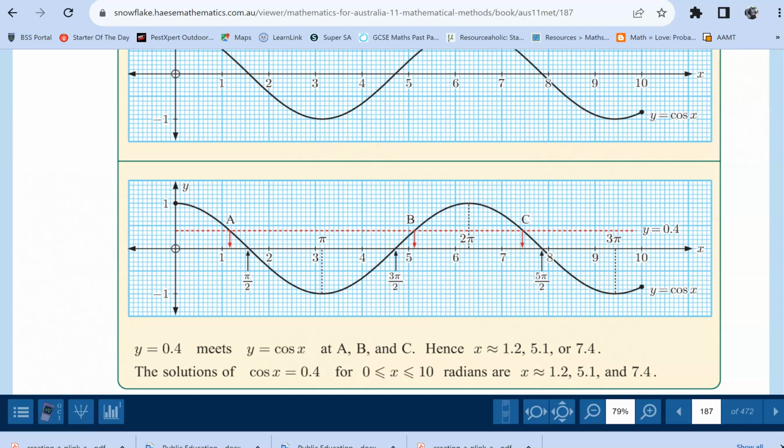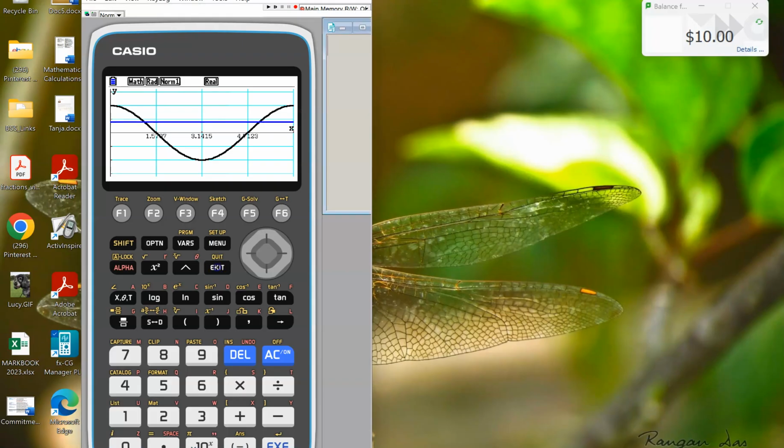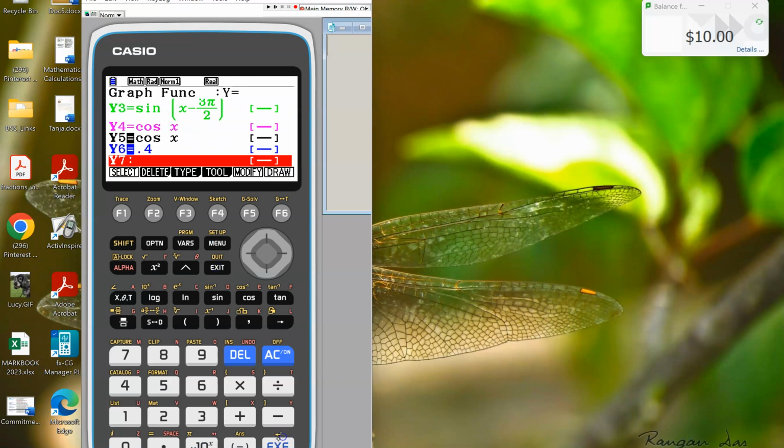But now we know we can have multiple solutions. Yeah? I doubt you're going to be asked to do that with a graph, but if we were, let's go to the calculators.